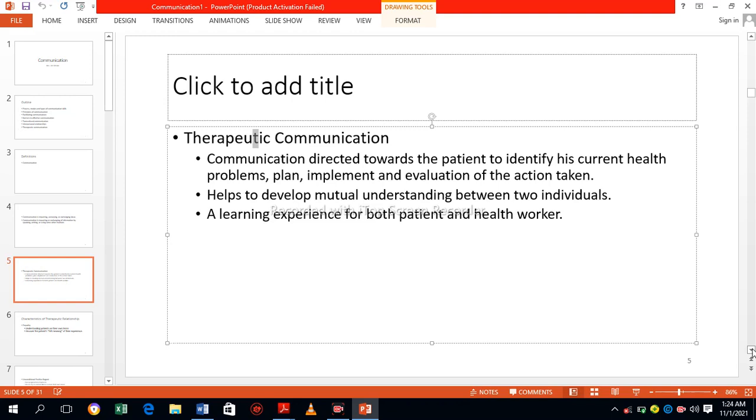It helps to develop a mutual understanding between two individuals, and it also gives a learning experience for both the patient and the health worker.